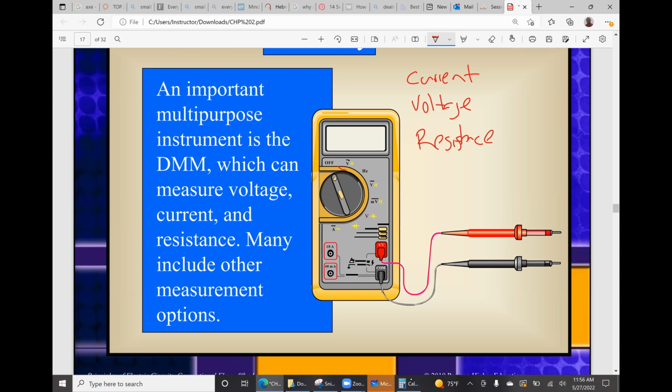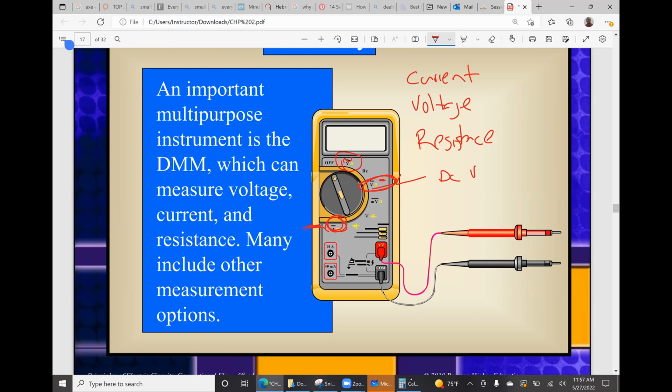So this is voltage, and this looks like a wavy line. So this is like AC voltage. This one looks flat. So this is for direct current. So this is one we'll probably be using. We'll be using this DC voltage. And we'll also be using current as well, and we're going to be measuring resistance. I don't see it on here, but definitely we'll be measuring resistance as well.